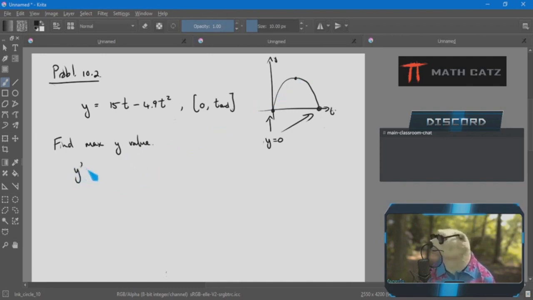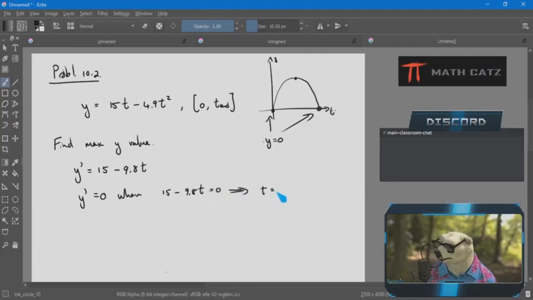So I need to find the derivative, which isn't terribly difficult, and then ask, where is this derivative equal to 0? I don't have to ask the undefined portion because it's a polynomial, and that'll never give me anything. So it's going to be 0 when I set this equal to 0.